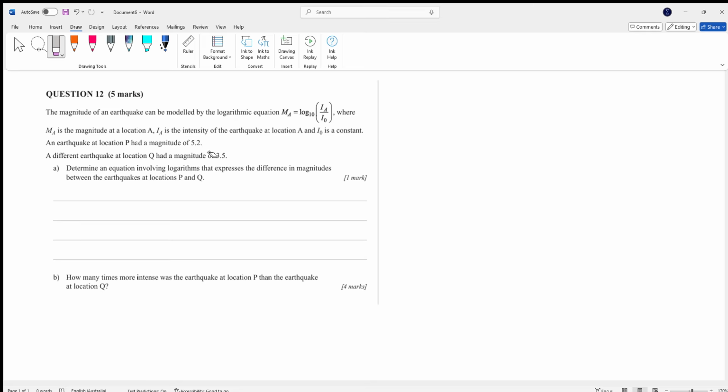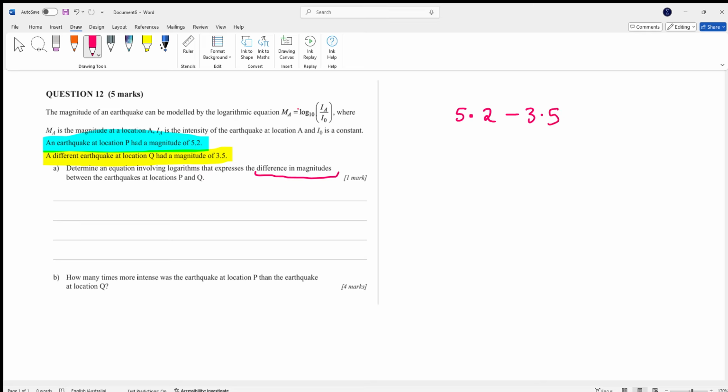So the difference in the magnitudes would be the difference in these two numbers here. Now, how we write it is probably pretty important. I'm going to write it as the bigger number subtract the smaller number, because I imagine there's no such thing as a negative magnitude. So here we're going to have 5.2 minus 3.5. That's the difference in magnitudes.